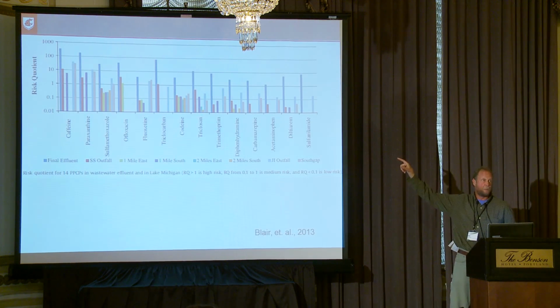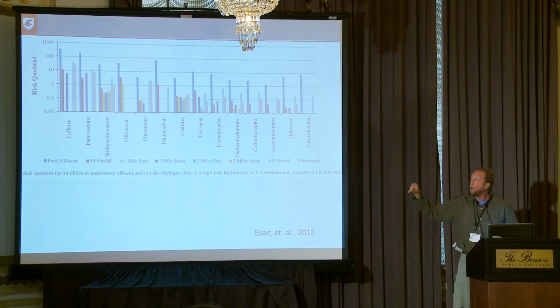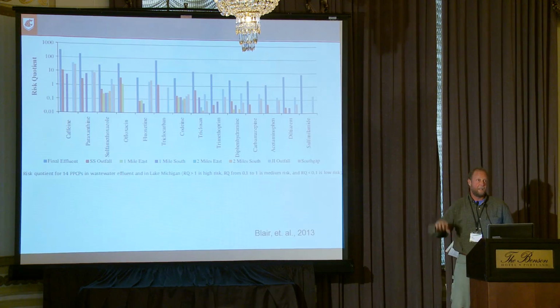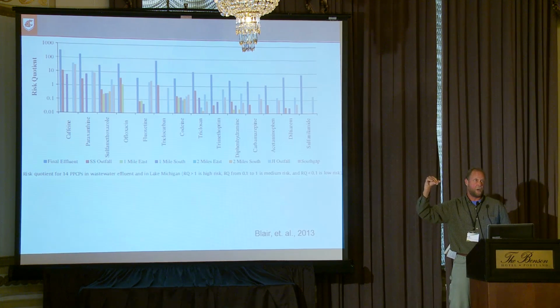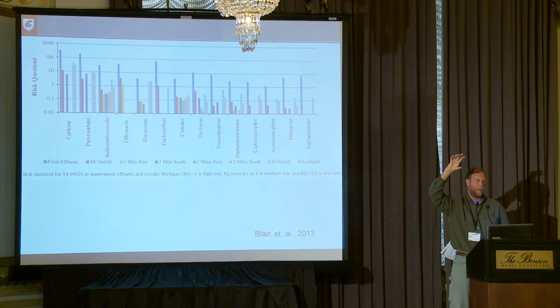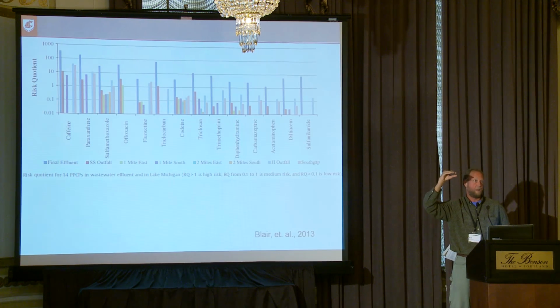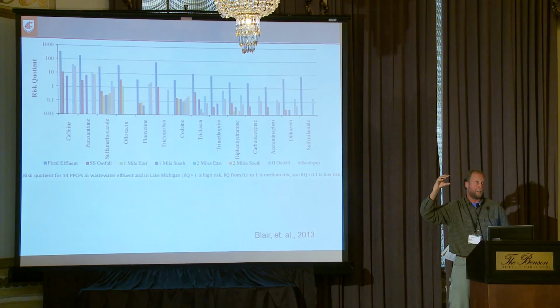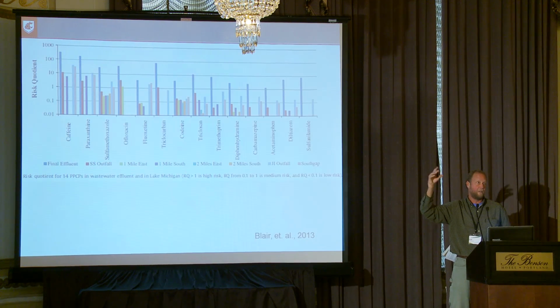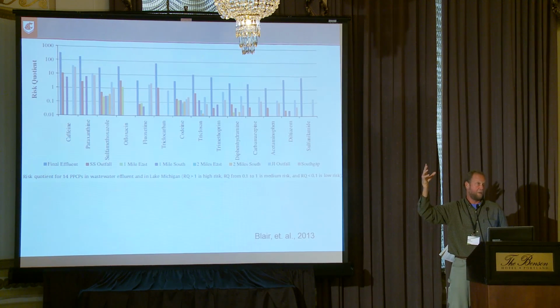And here they developed a risk quotient. So what that means is basically a ratio of what they're finding coming out of the pipe, divided by the level that they feel would be harmful to aquatic ecosystems. So naturally, if it's above 0, it can be harmful. If it's above 1, there's more concern.